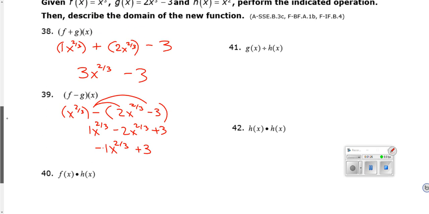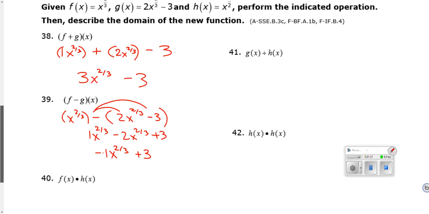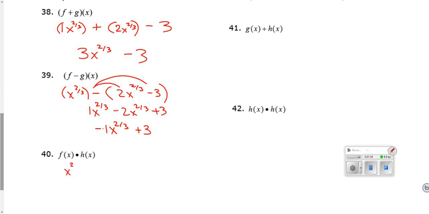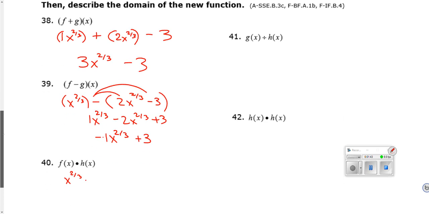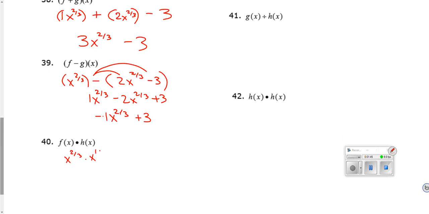The next couple, so we've got multiply, we've got divide. I'll do the multiply first. So the multiply says to take f of x and multiply it to g of x, or h of x actually. So f of x is x to the 2/3, and they want us to multiply it with h of x. H of x is x to the 1/2.